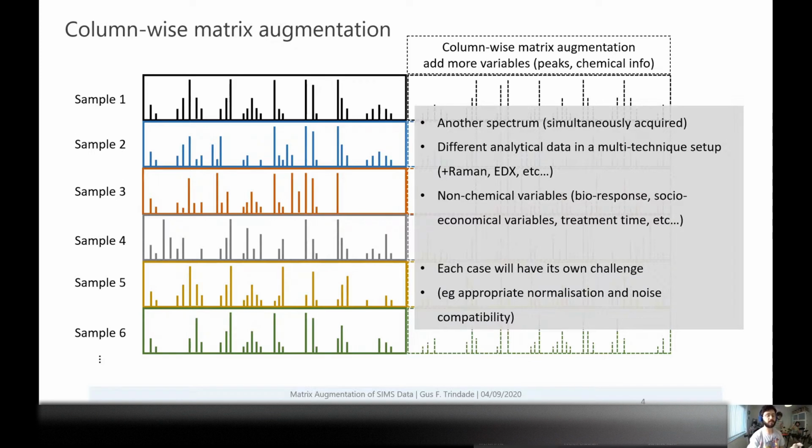Otherwise, the Raman data will be too weak in comparison to the SIMS. Also noise compatibility, because if you've seen the other workshop, we have to take into account the differences in noise for each of the variables. So if you attach another set of variables with more or less noise, this will influence your results. You have to consider this when you're doing that.